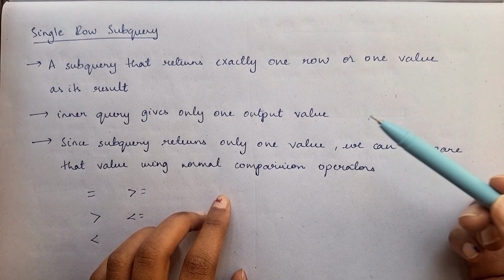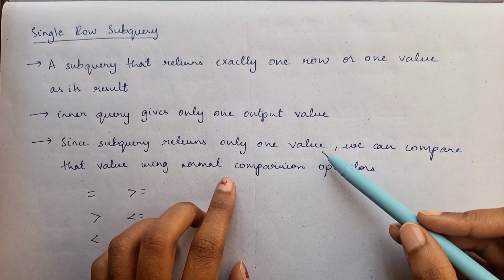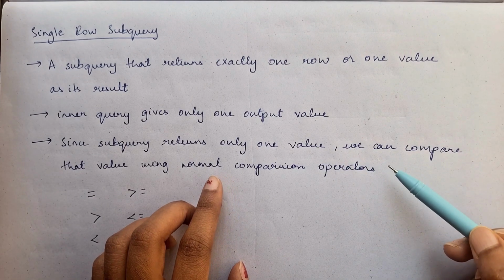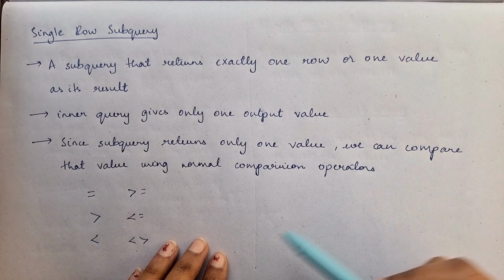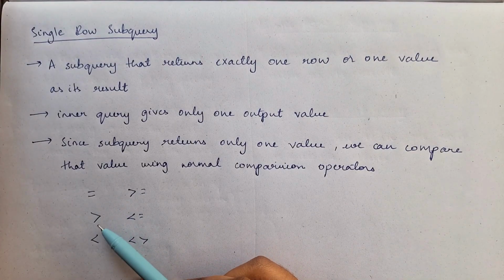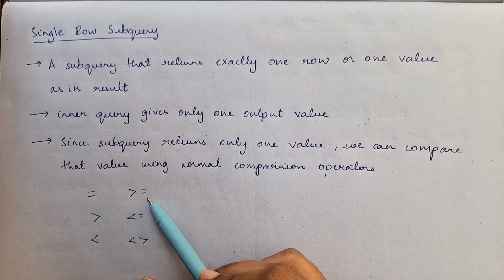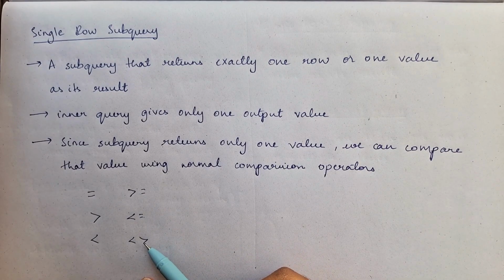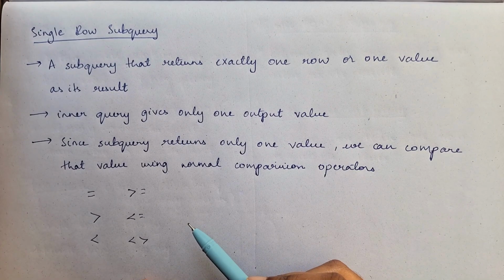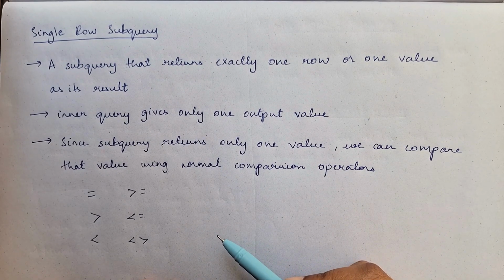And since the subquery returns only one value, we can compare that value using normal comparison operators like equal, greater than, less than, greater than or equal to, less than or equal to, and not equal to. So these operators work because we are comparing one value with another single value.